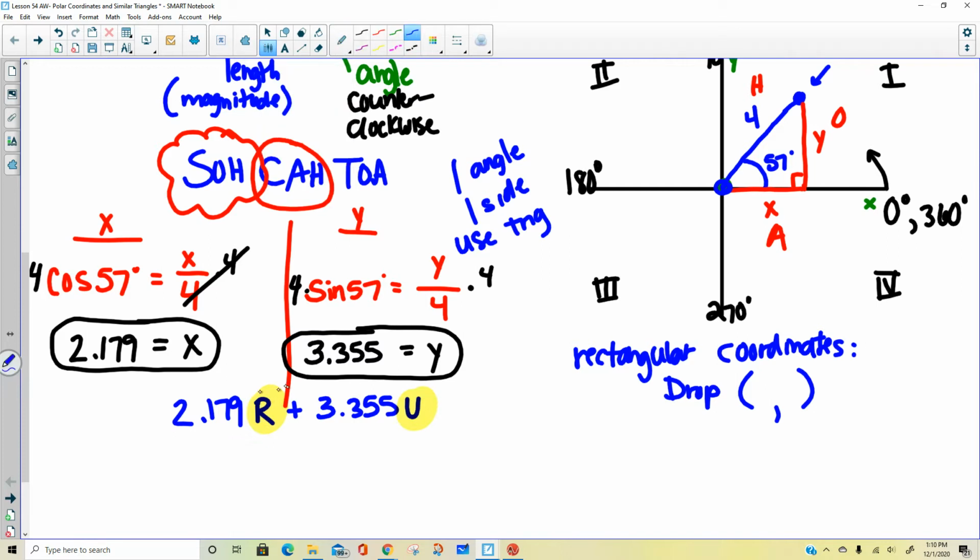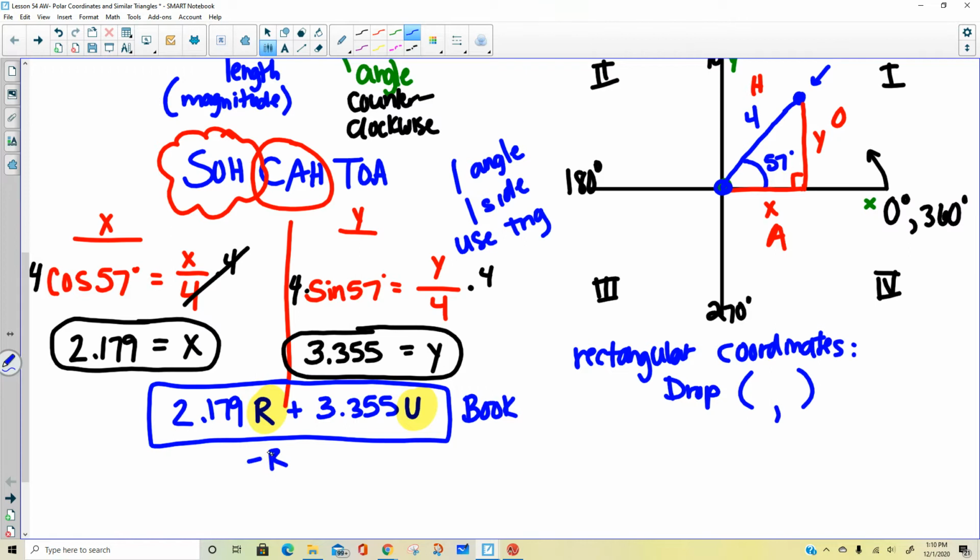This is what your book does, but we're going to change this. This is why I want you to take some good notes. This is what your book says. It uses R and U for the X and the Y direction. And it'll be positive and negative depending on, so negative R would be like the opposite of R, that would mean left.